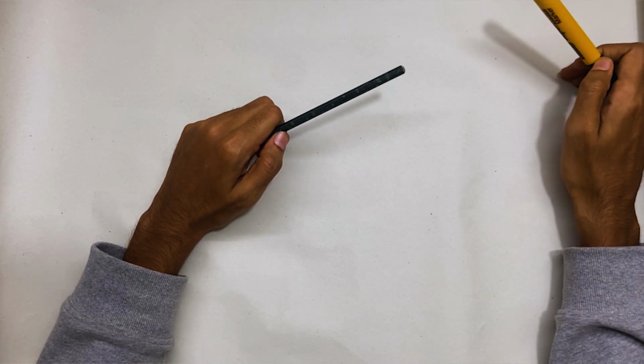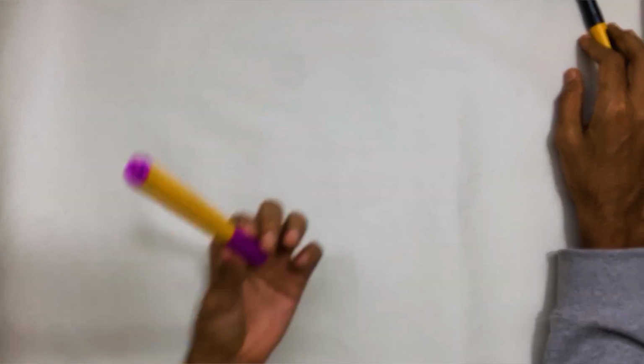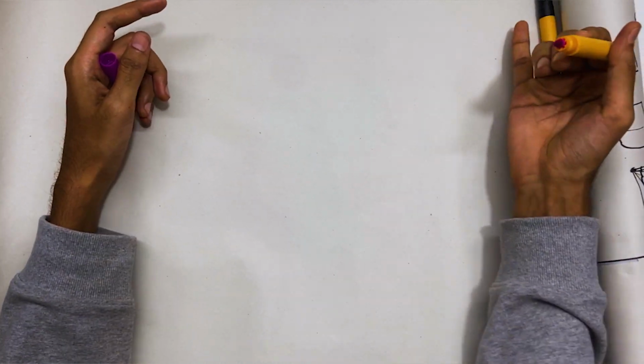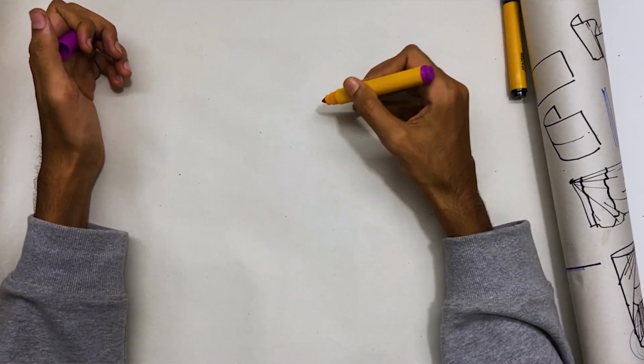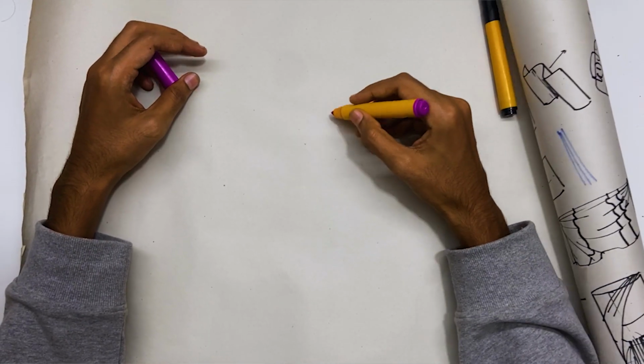Okay, so let's start. I'll draw a basketball player, maybe dribbling. What I'll do is use the pink marker to do my gesture, and then I'll put the details with my black one. Okay.